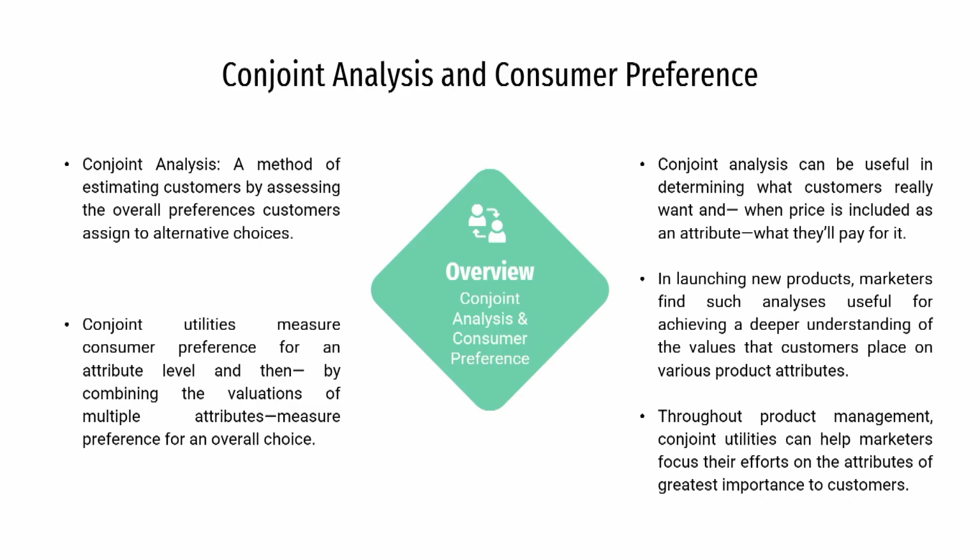Let us dive more into conjoint analysis. Basically, it is a method of estimating customer preferences by assessing the overall preferences customers assign to various alternative choices. As in my example, I will have 81 choices in front of me, and out of these 81 choices, which one will be my first preference? That 2 liter engine with black color, which is priced at 20 lakh rupees.